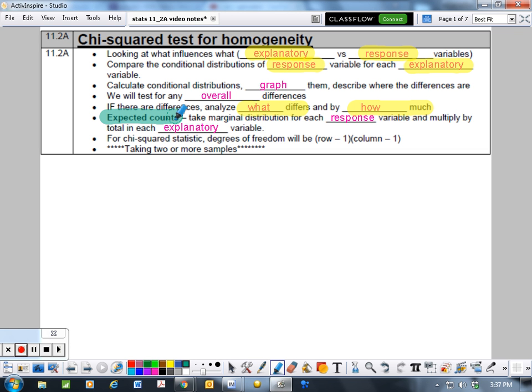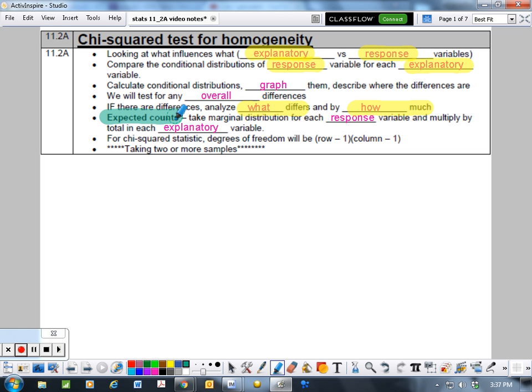That tells me how much I should expect if there's truly no difference between males and females. Then I multiply that proportion by the total number of females, and that tells me my expected values for females. Then I take those proportions and multiply by the total number of males, and that tells me my expected values for males.